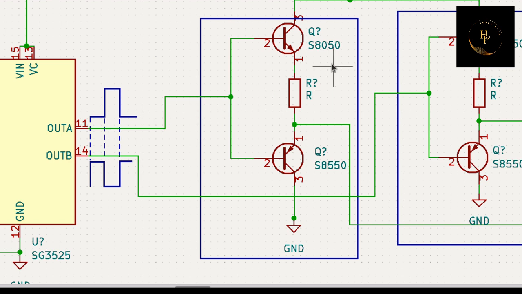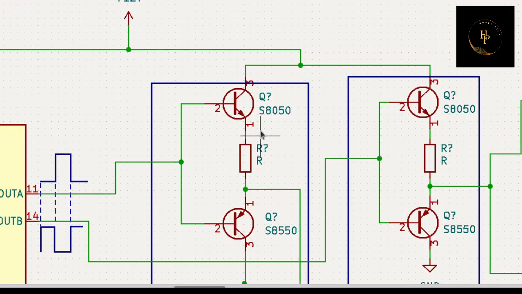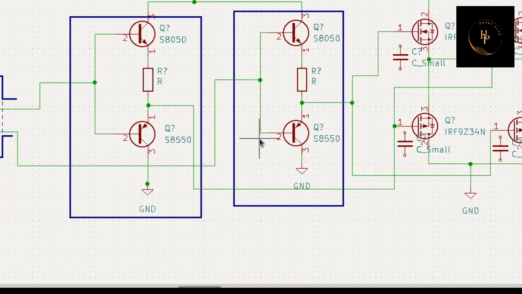Look at this, why it is called push-pull. First point. Second point is what is the benefit of this push-pull circuit. First point is why it is push-pull, because sometimes it pushes the ampere, sometimes it pulls the ampere from the output MOSFET, transistor, IGBT, whatever it is.